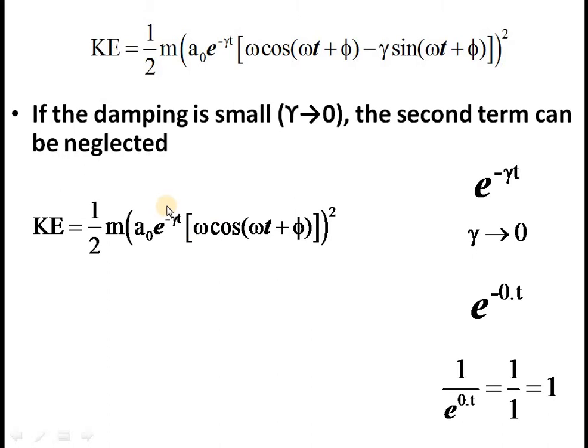So when gamma is small, remember that this value will be almost equal to 1. This idea is required in later discussion of the class, so that is why I am saying this. e raised to gamma t will be almost equal to 1 in our case.